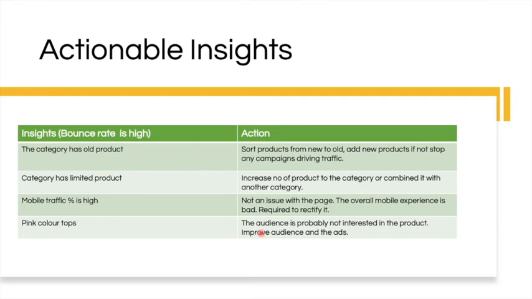This creates disappointment for the user, which increases the bounce rate. These are some of the examples, and if you match 20-30 variables, you are definitely going to get more than 10-15 really good actionable insights for certain pages. And it will allow you to reduce the bounce rate.